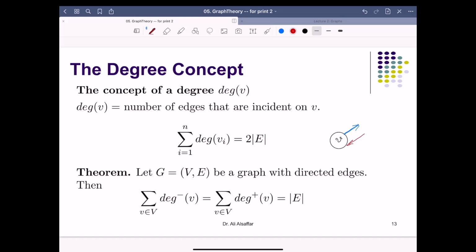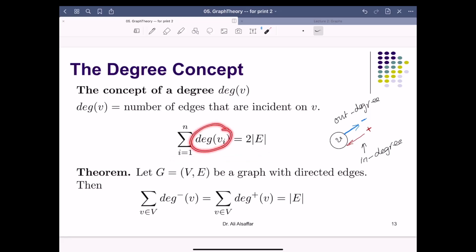We need to differentiate between the two. The ones going in, we will call in degree and label them with a plus. And the ones going out from the vertex are out degree, and we will label them with a minus. So we have in degree and we have out degree.